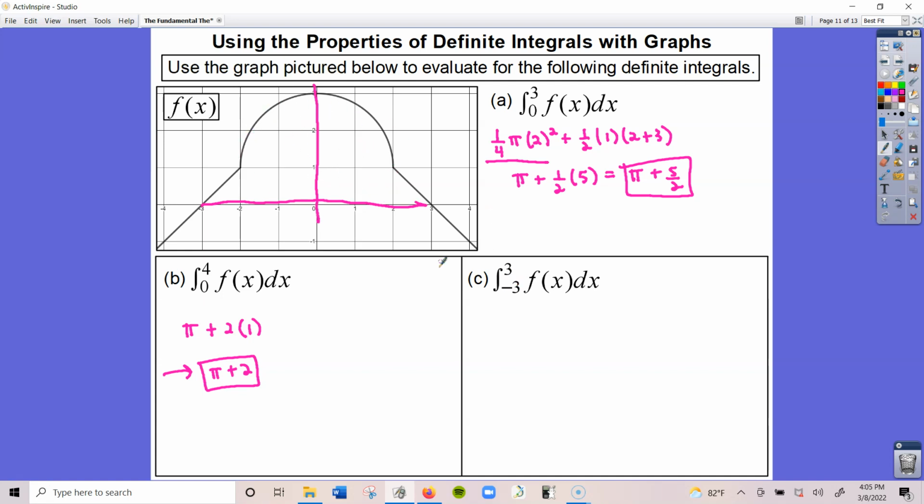So I don't really need to find the area of everything once again. Instead, this is going to be double the area from 0 to 3. And I'm using 0 to 3 because I did that one earlier. So this is going to be 2 times the integral that we got, which is pi plus 5/2. And distributing the 2, we get 2 pi plus 5.